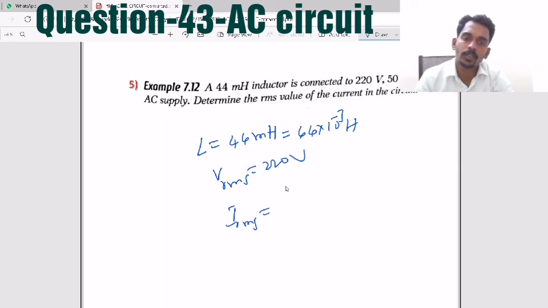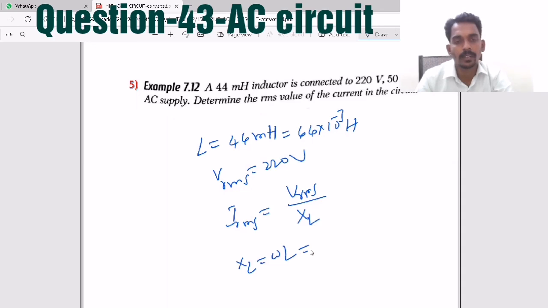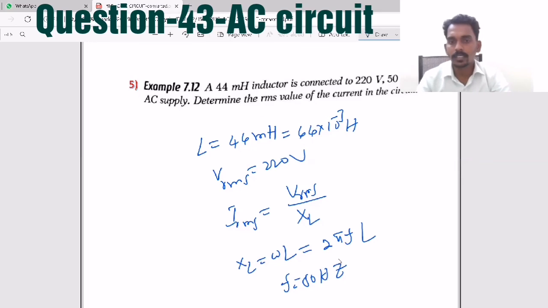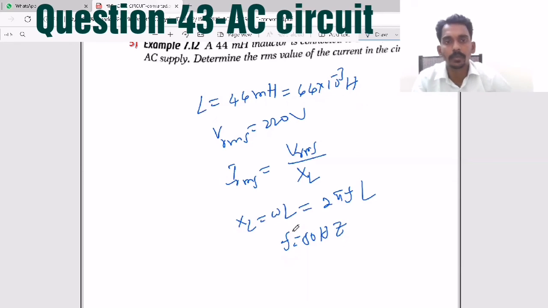Now I RMS equal to V RMS by XL, where XL is omega L, where omega is 2 pi f, into L, where f is 50 Hz. As I said, if you truly look into it, in the substitution process the calculation looks a little big, so the values may be tough in calculation. So you need to practice such kind of calculation so that you can save your time.